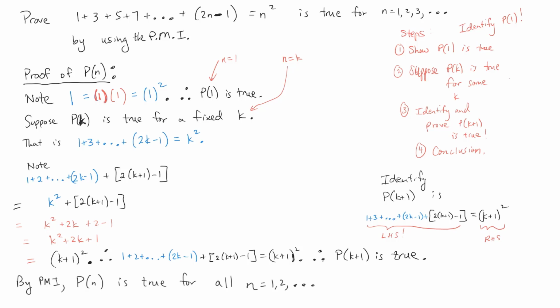Now remember, what is P of n? P of n is this statement up here. It's that sentence right there. And you're trying to prove it for n equals 1, 2, 3, dot dot dot.